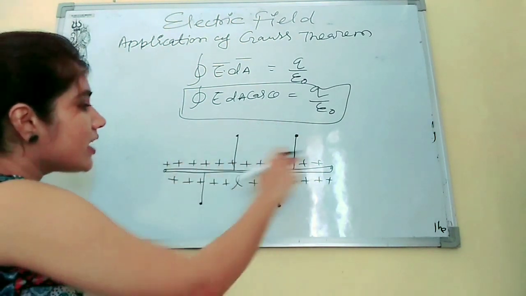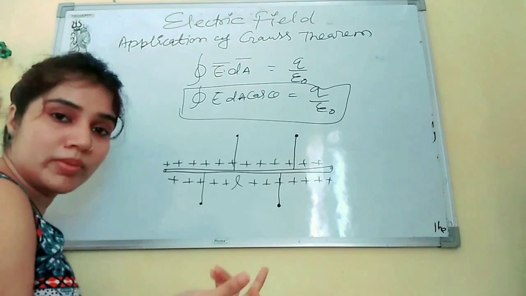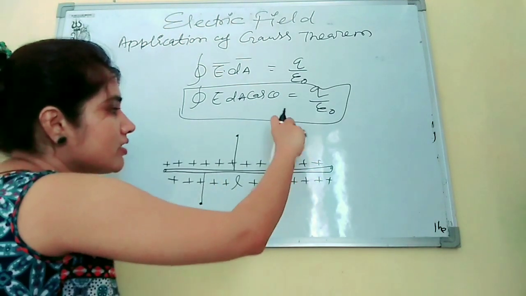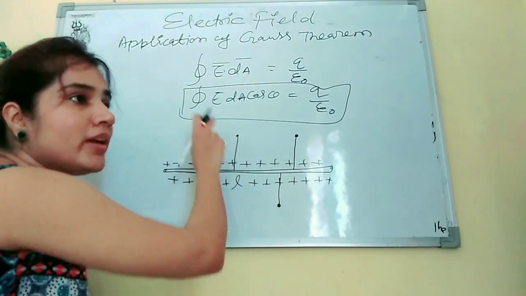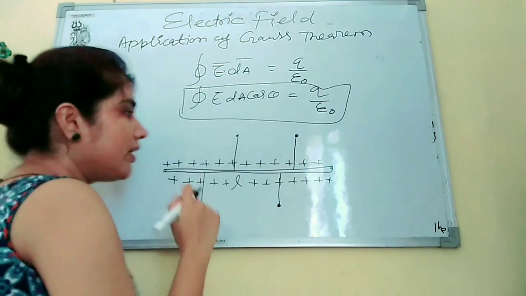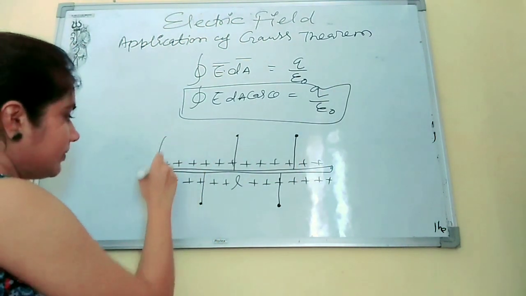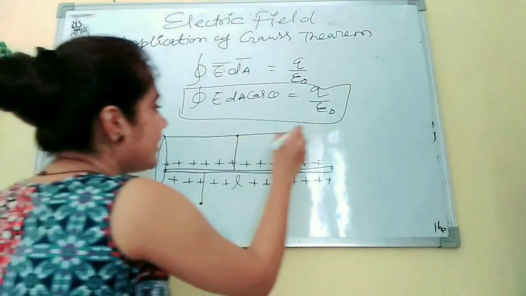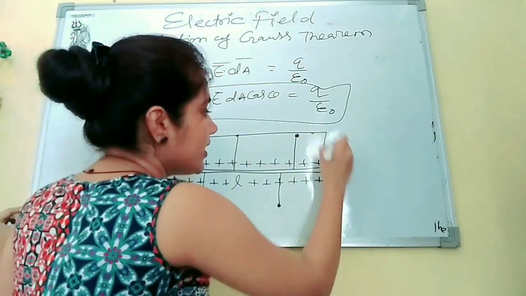Why? Because the charge is distributed uniformly. So the electric field will also be distributed uniformly, and we will form a cylindrical surface like this.